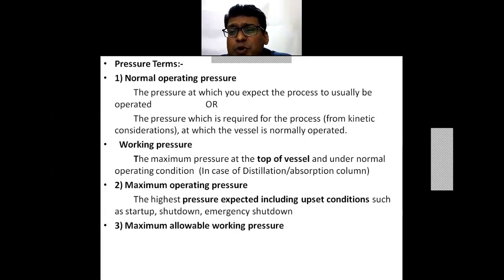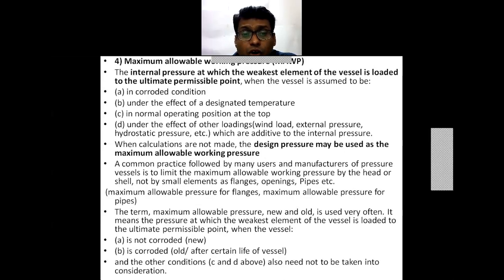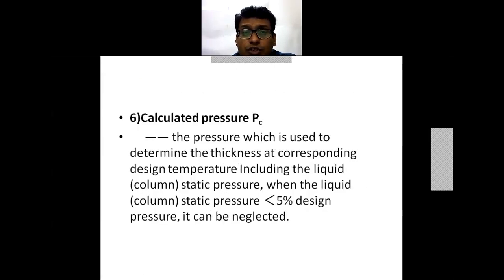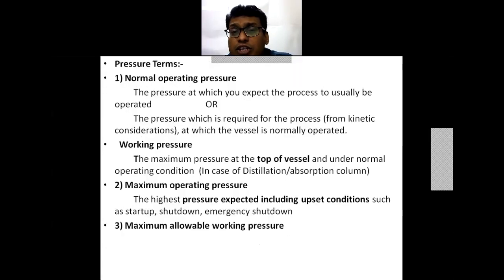In various books, when you come across the term pressure, it is talked about in terms of different terminologies: normal operating pressure, working pressure, maximum operating pressure, maximum allowable working pressure, and design pressure. All these different terminologies are associated with the term pressure.